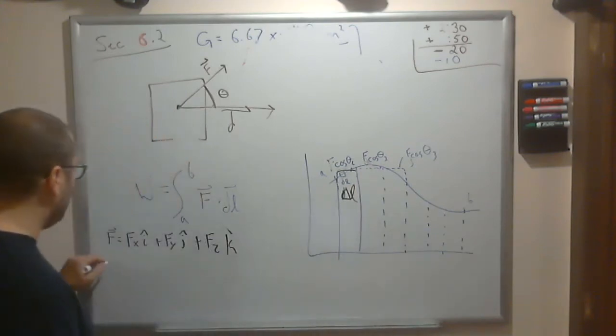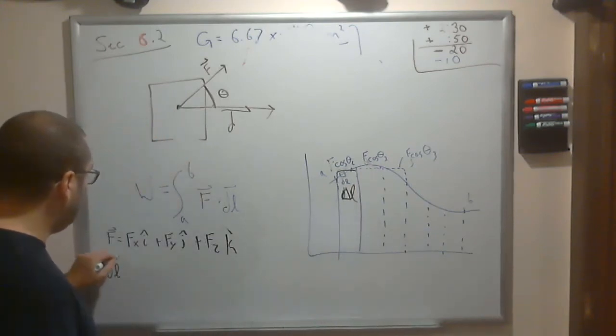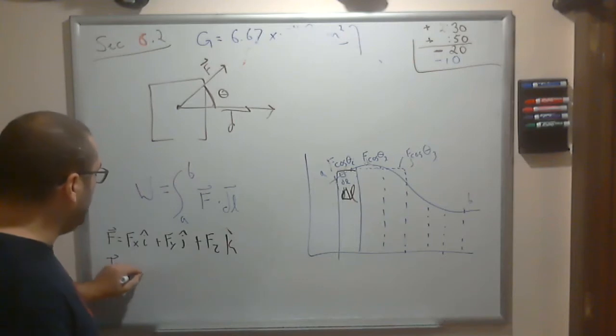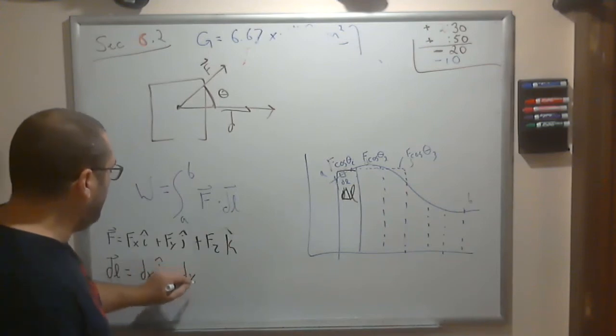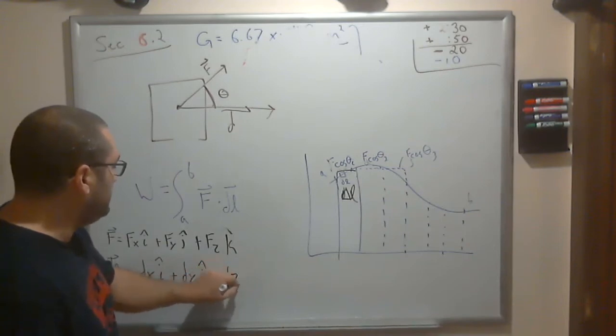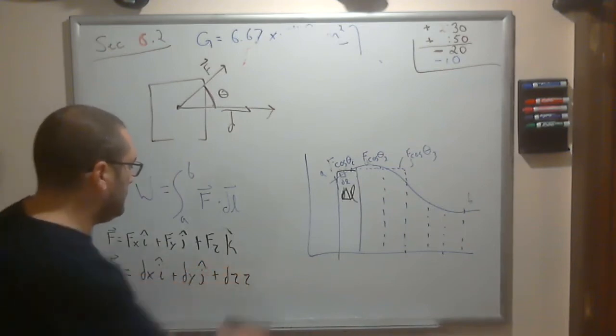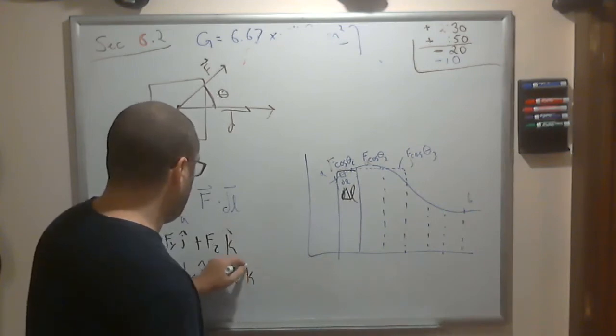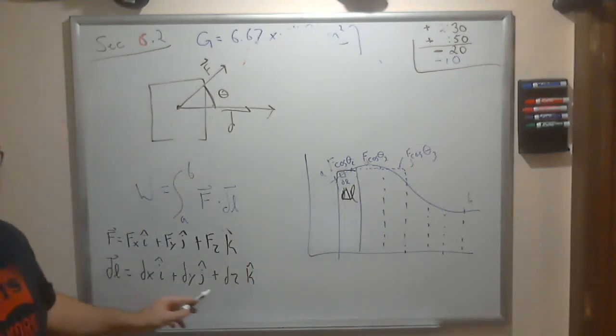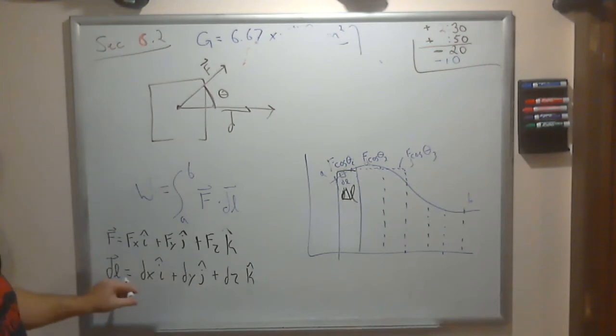We'll just write dl is equal to the change in the x direction, plus the change in the y direction, and then this is the z. This will generally be one of the simpler forms that you see for dl.